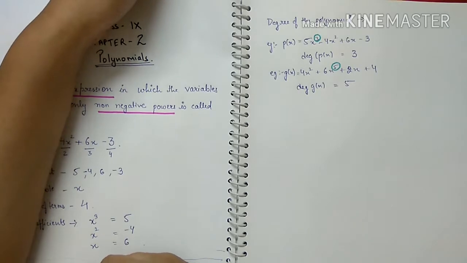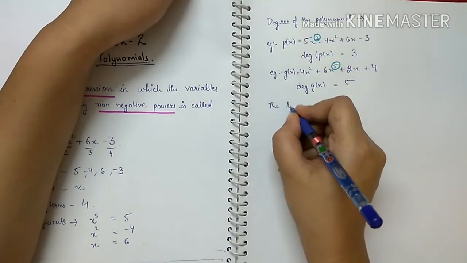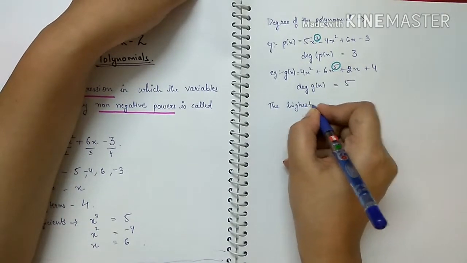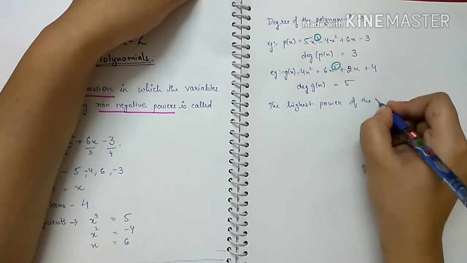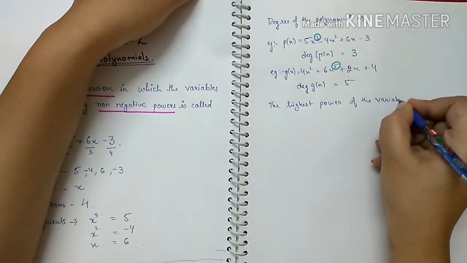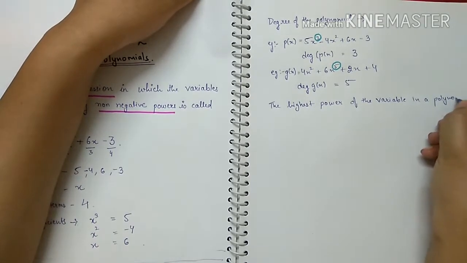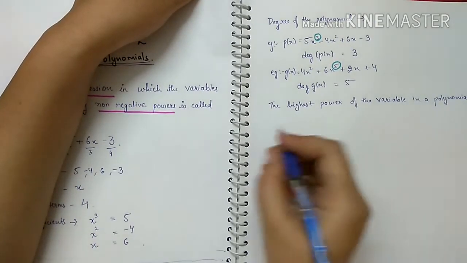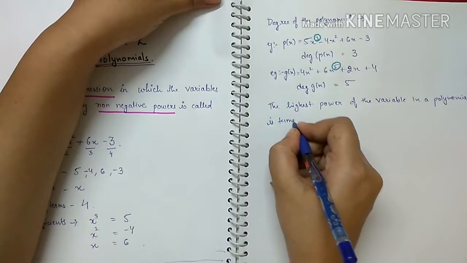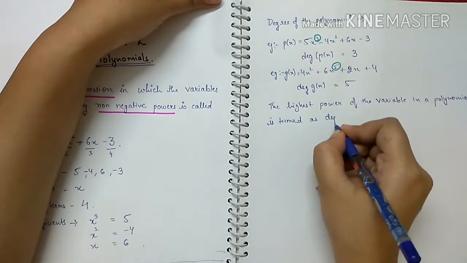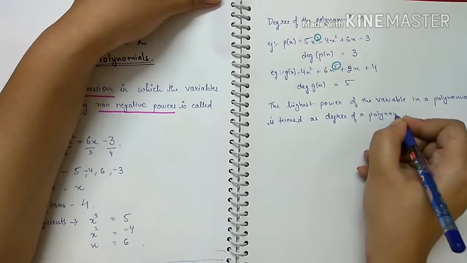The degree of a polynomial is the highest power of the variable in the polynomial.